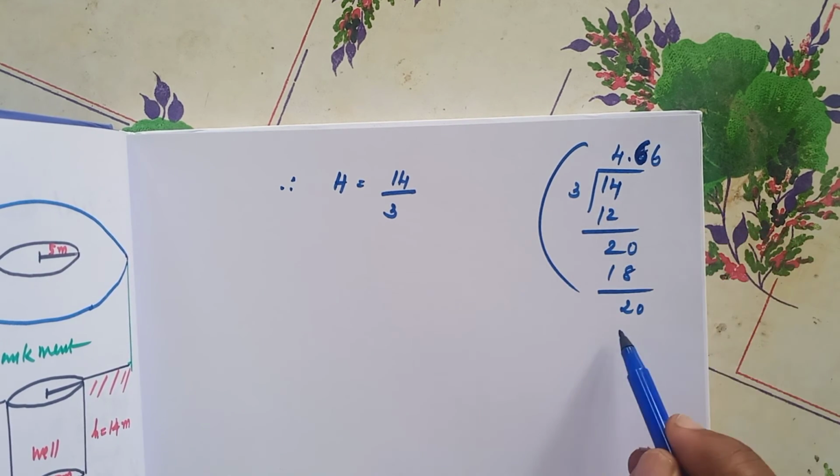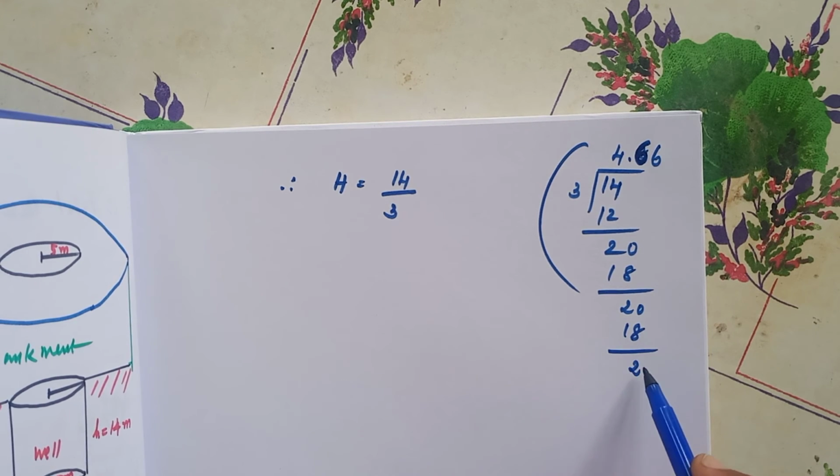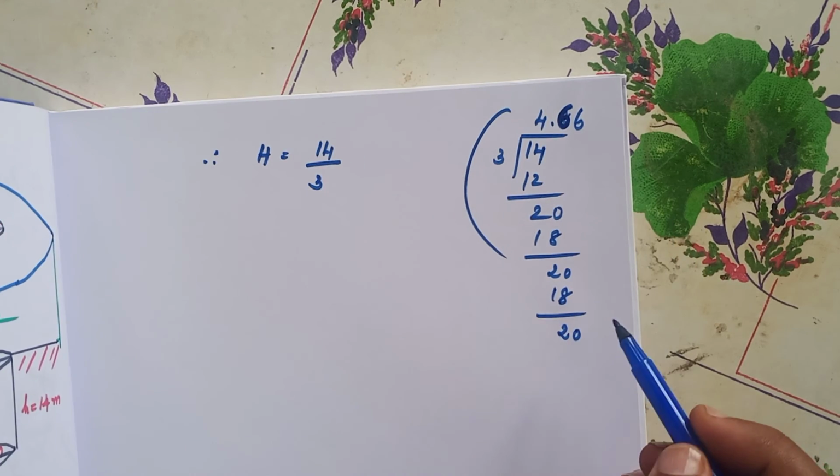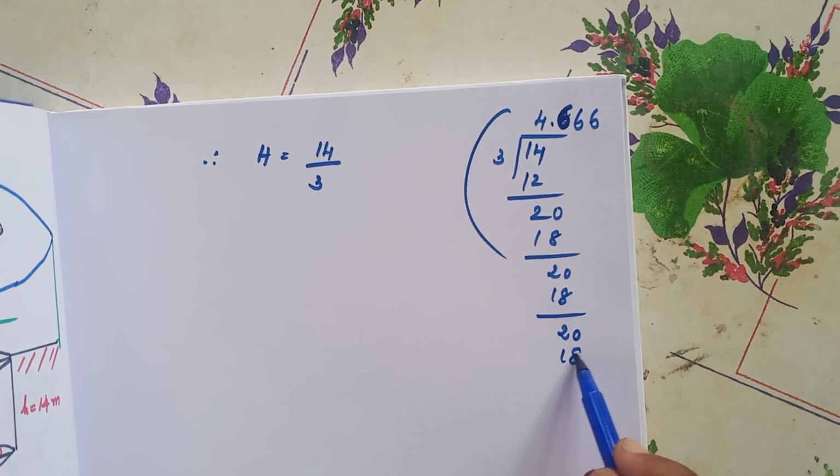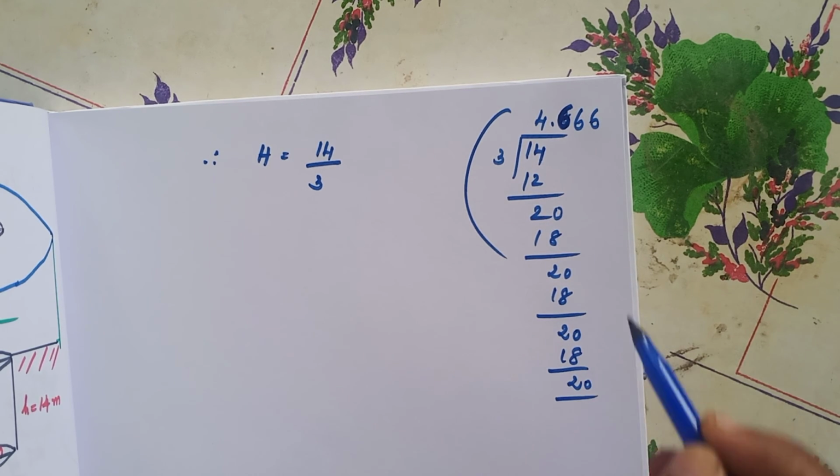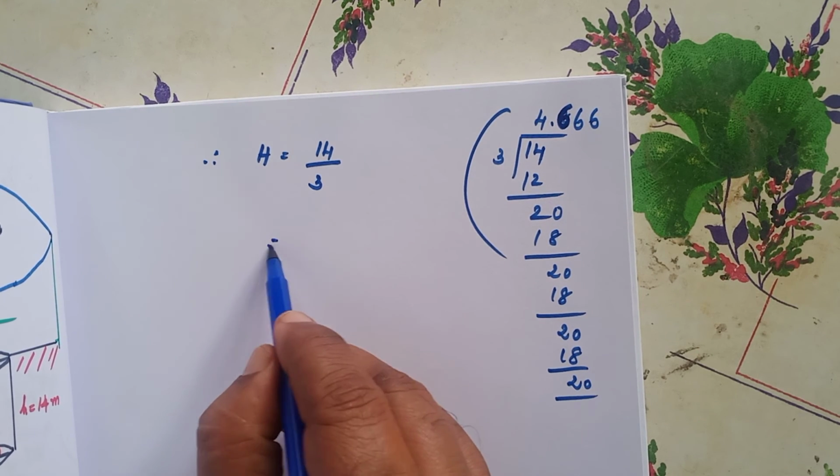Again 3 sixes are 18, balance 2, 0. It is going on.